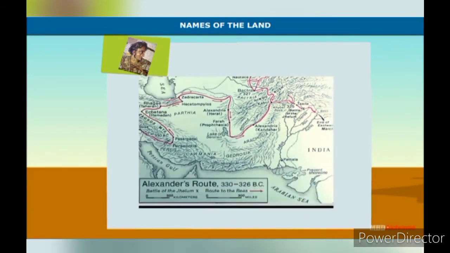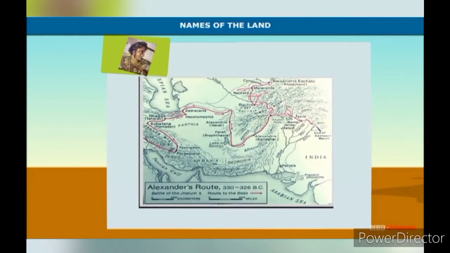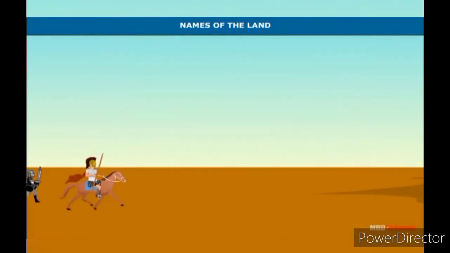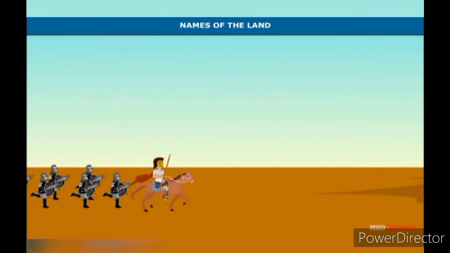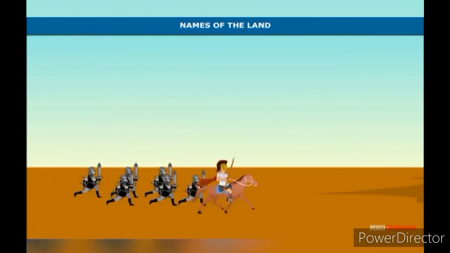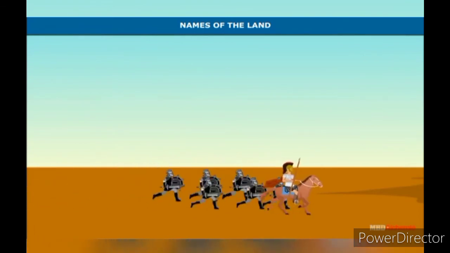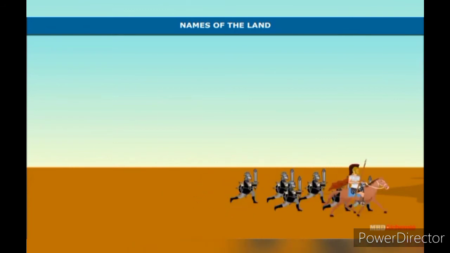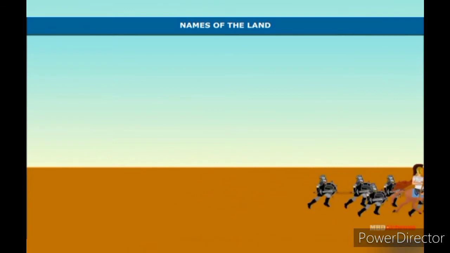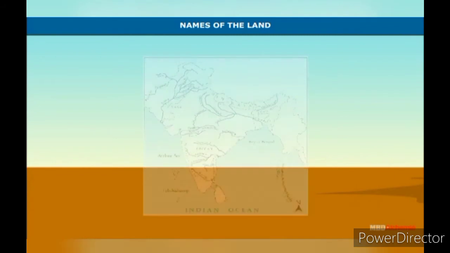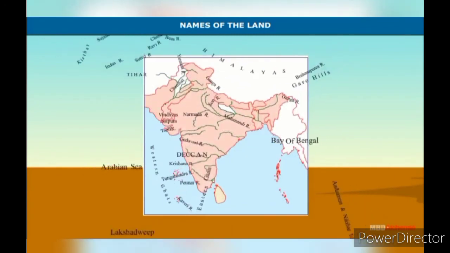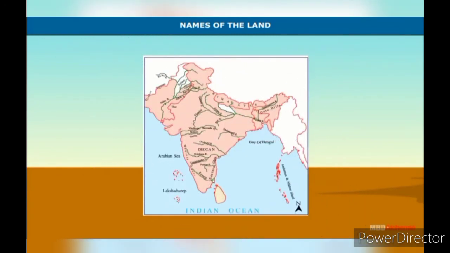In course of time, the country came to be known as India in Greek and Hind in Persian. The name Bharat or Bharatvarsha was given to the country after the name of an ancient clan, the Bharatas. Later on, the word Hind became Hindustan.